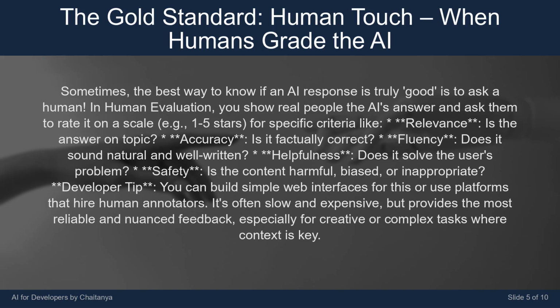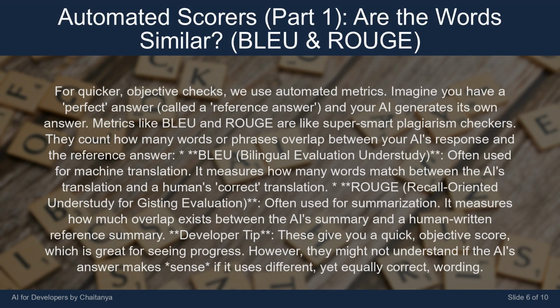For quicker, objective checks, we use automated metrics. Imagine you have a perfect answer called a reference answer, and your AI generates its own answer. Metrics like BLEU and ROUGE are like super smart plagiarism checkers. They count how many words or phrases overlap between your AI's response and the reference answer. BLEU, bilingual evaluation understudy, is often used for machine translation.